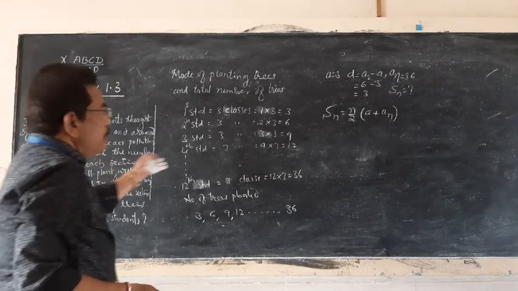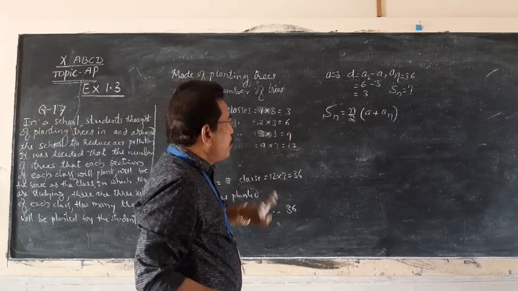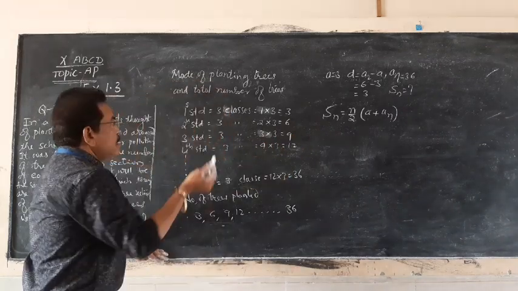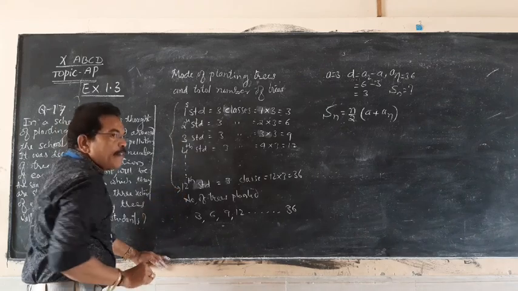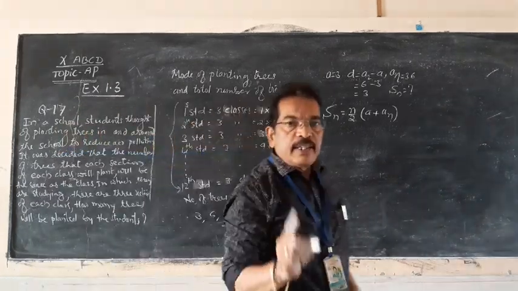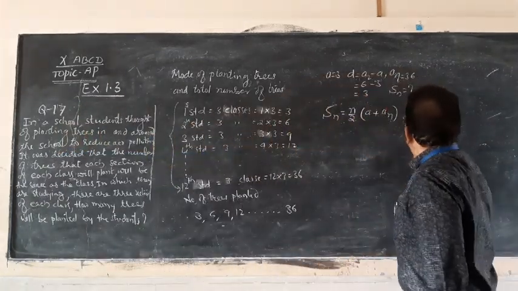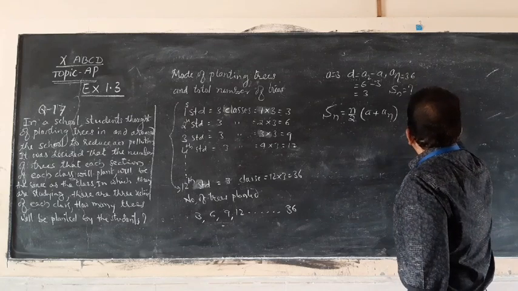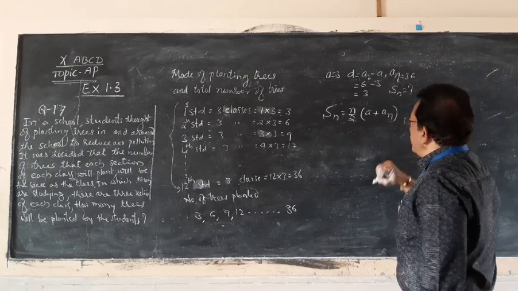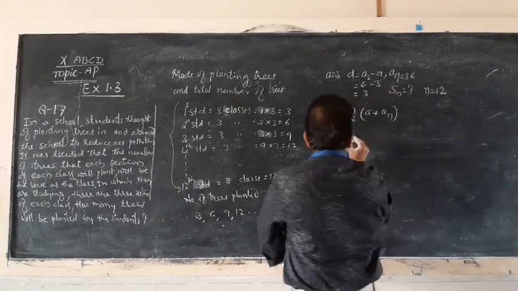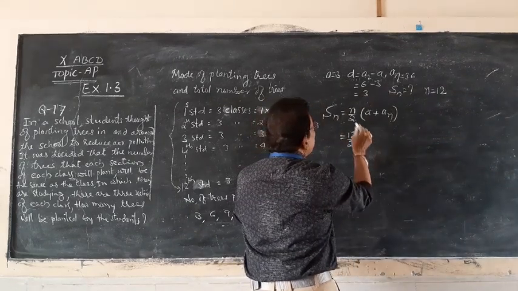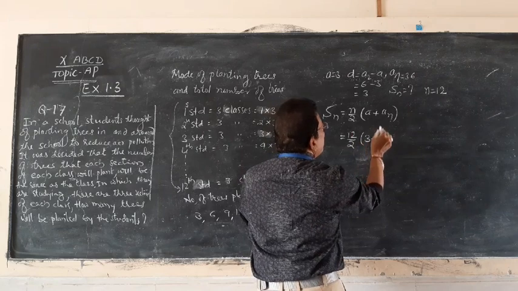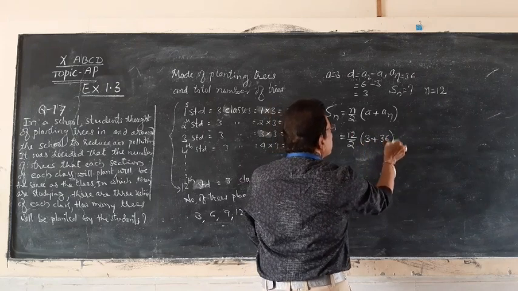How many classes are there? There are 12 classes. So n equals 12. Then n by 2, 12 by 2 in the bracket, a is 3 plus an 36.